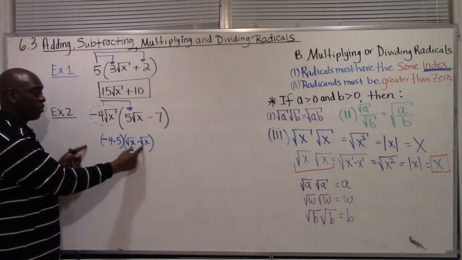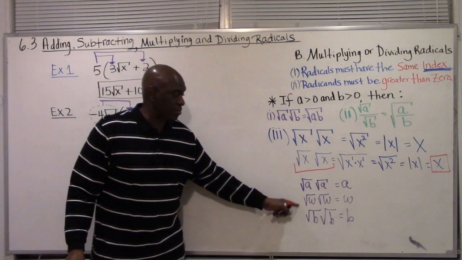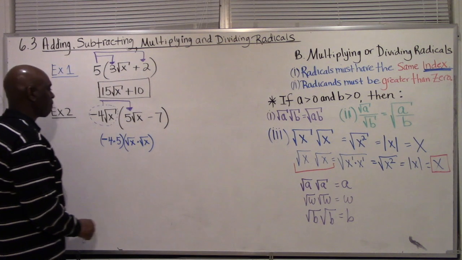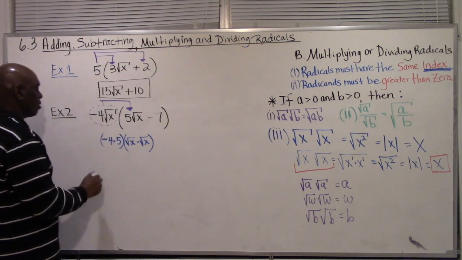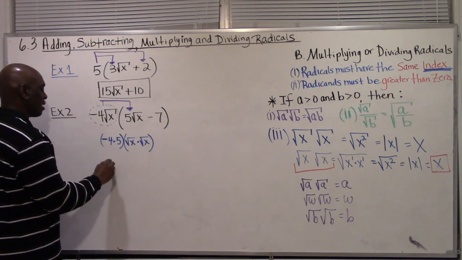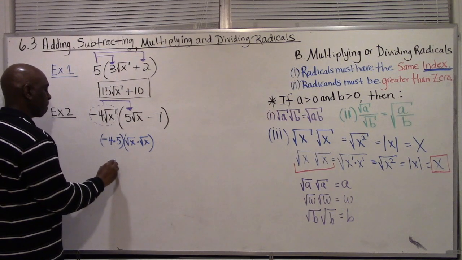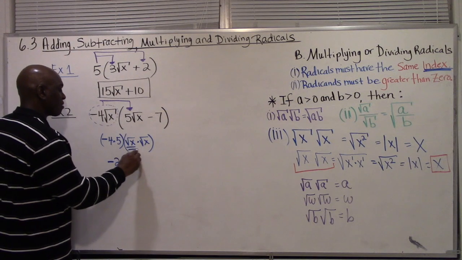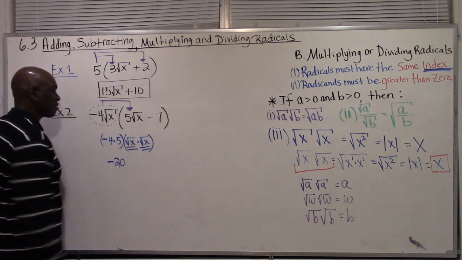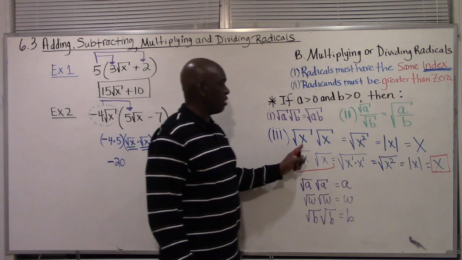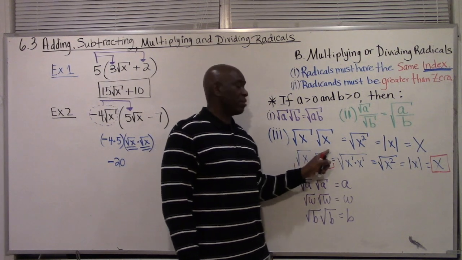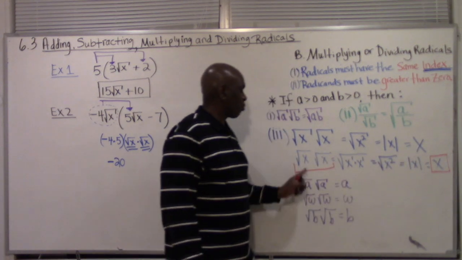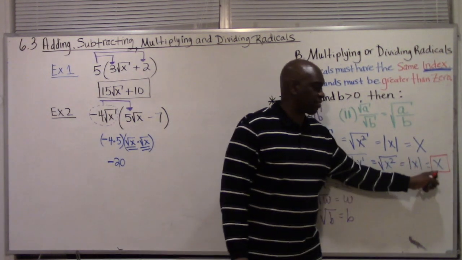So what is this first piece? Well, -4 times 5 is -20. And the square root of x times the square root of x, we've done it already. Root x times root x is the square root of x squared, which equals the absolute value of x, which equals x. So root x times root x is just x.